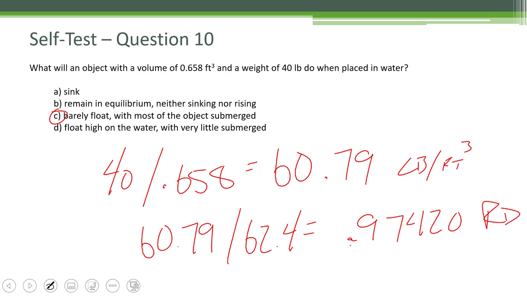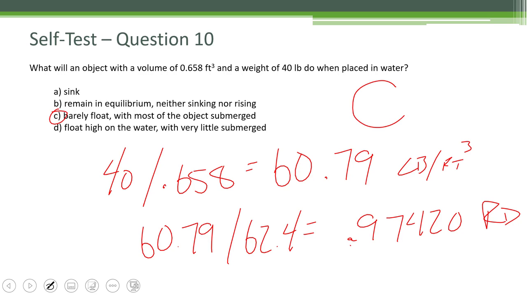Remember, if its relative density is less than 1, then it floats. If it's greater than 1, then it sinks. You could also say it's about 97.5% the density of water, which means imagine this thing was uniformly dispersed, like a sphere of the same material and same density all the way across.